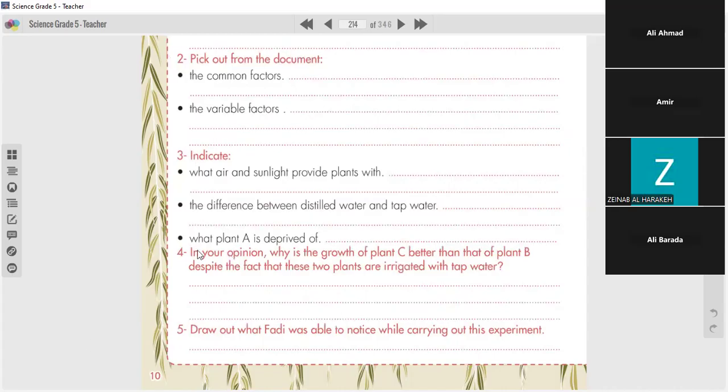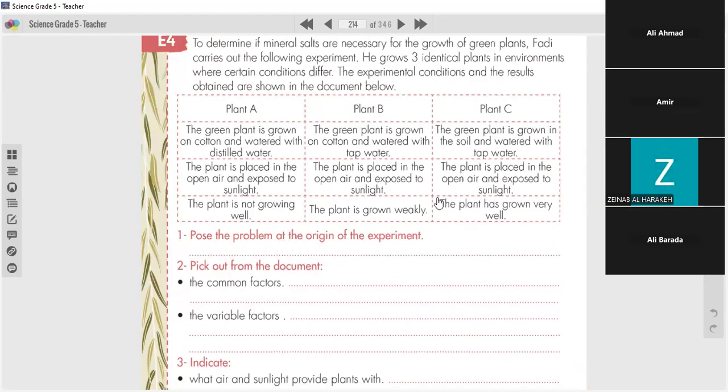Start reading. What is plant A deprived of? Deprived means it doesn't have. Let me show you about plant A. What is it deprived of?